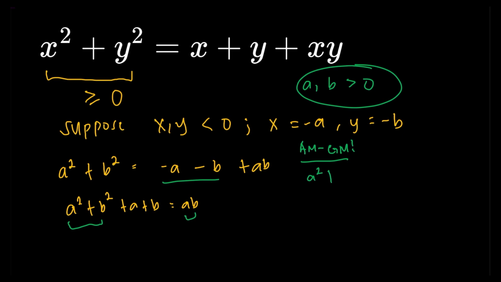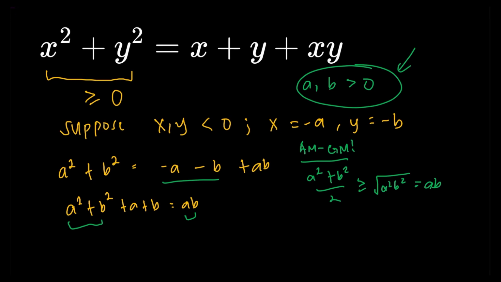By the AM-GM inequality, the arithmetic mean of two positive numbers, and they're positive in this case because a and b are positive, so the arithmetic mean of a squared and b squared is greater than or equal to the square root of a squared b squared, or the geometric mean. Well, this is essentially ab, so a squared plus b squared over 2 is greater than or equal to ab.